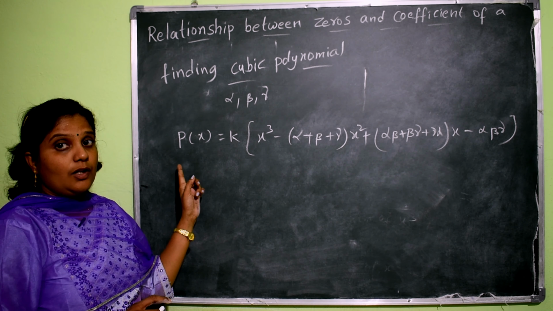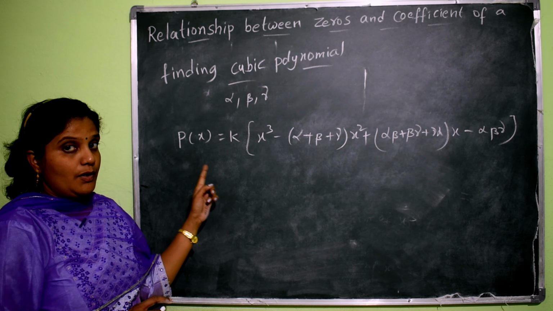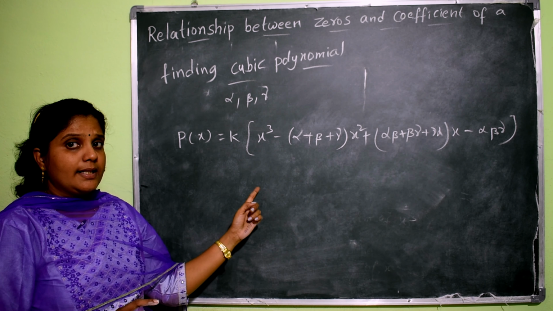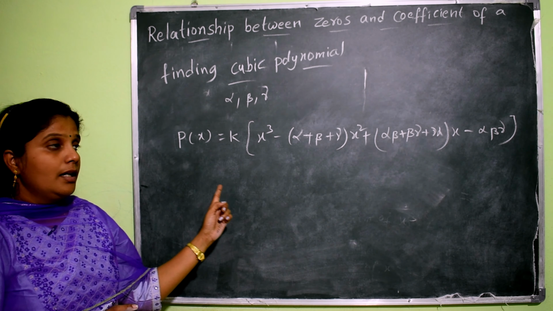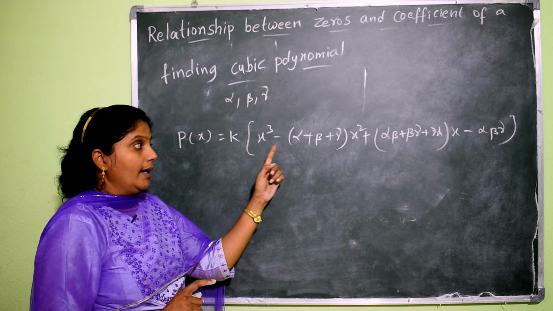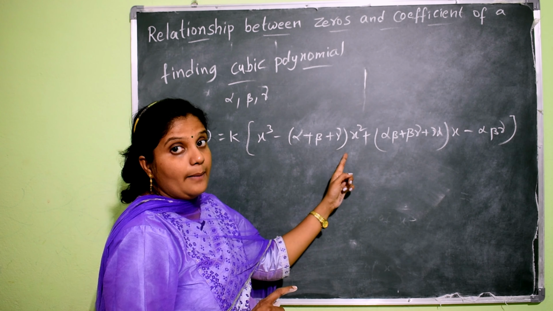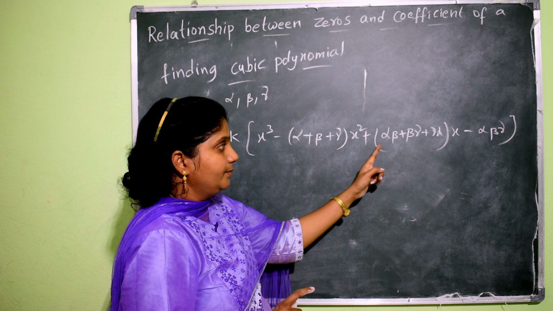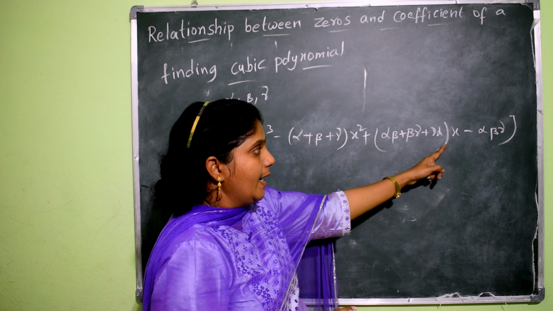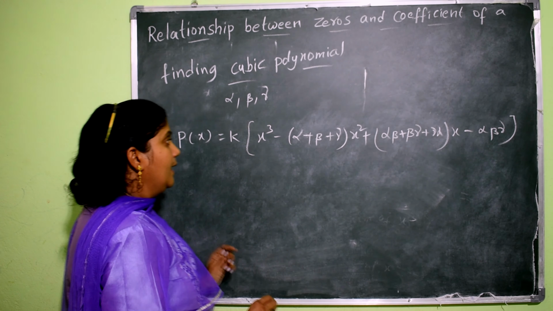So how can we find the polynomial? By using this expression. If we know alpha, beta and gamma, we can find the polynomial.